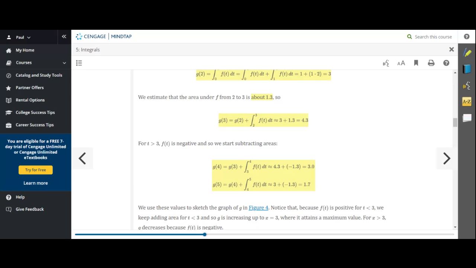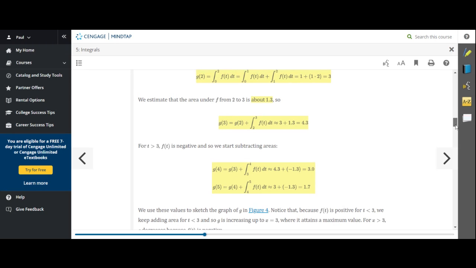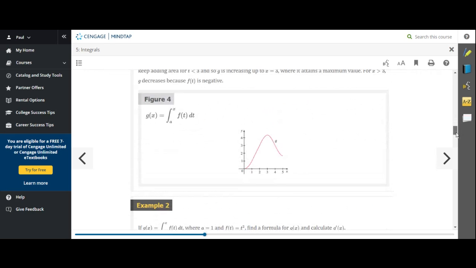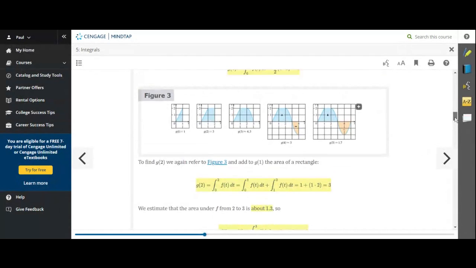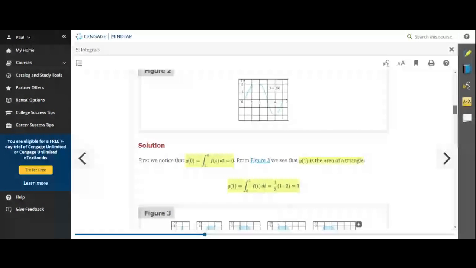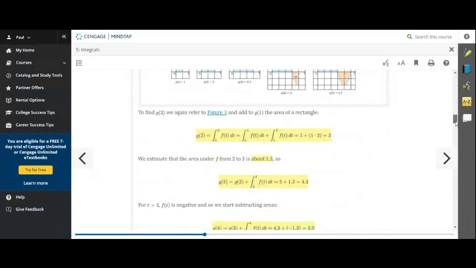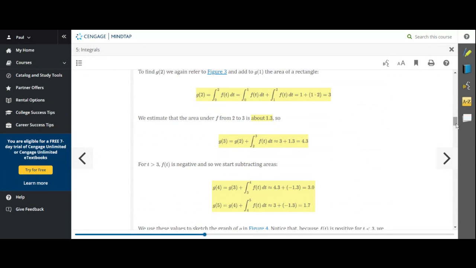I have a few examples now. The book goes into an example. In Figure 4, just continuing in this example we just looked at, the g function varies with respect to x. g of 0 was 0, g of 1 was 1, g of 2 was 3, g of 3 was 4.3, g of 4 was equal to 3.0.